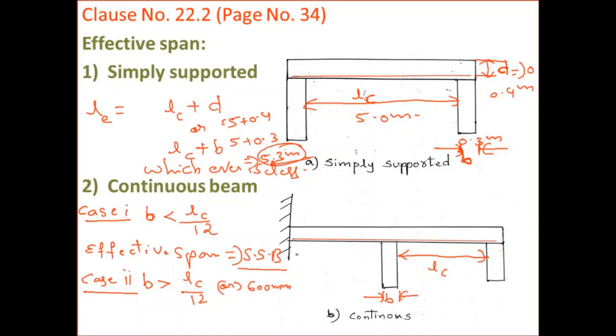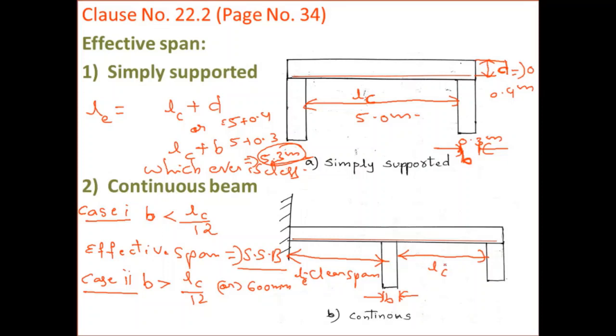In this condition, if one of the supports is fixed and another support is continuous like this, then it is taken as clear span. That means the effective span will be equal to the clear span. So if B is greater than LC by 12 or 600 mm, and one end is fixed and the other support is continuous, then LE should be taken as clear span.